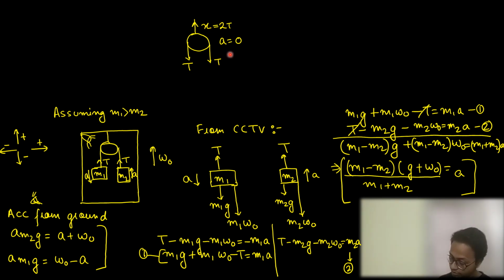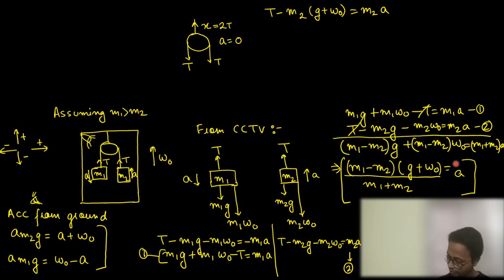Now how do I find the value of T? You can take hold of any equation, either this one or this one. Let me take the equation in terms of m2. So T minus m2 into g plus omega naught is equal to m2 into a.